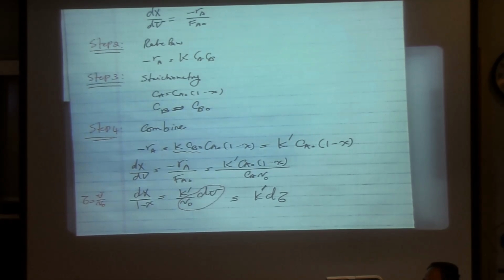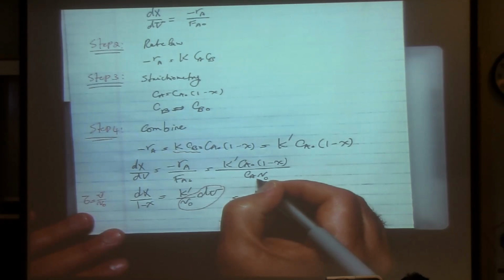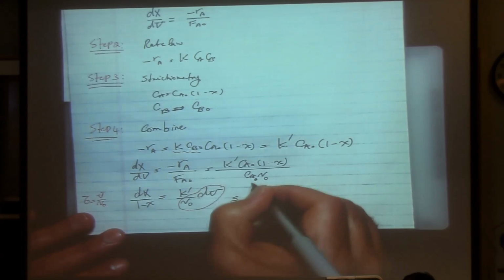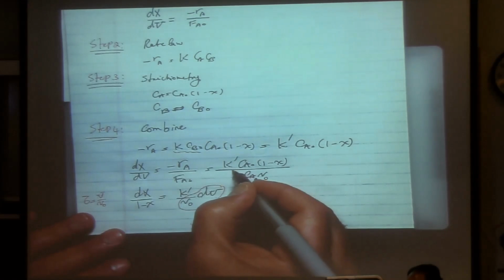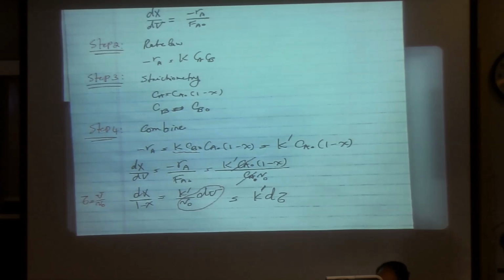Sorry, where do the CA0 and CA go? So this cancels out. You see, we have CA is close, so we have CA0 here.